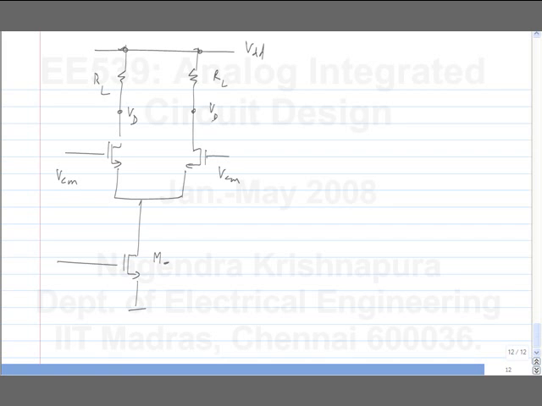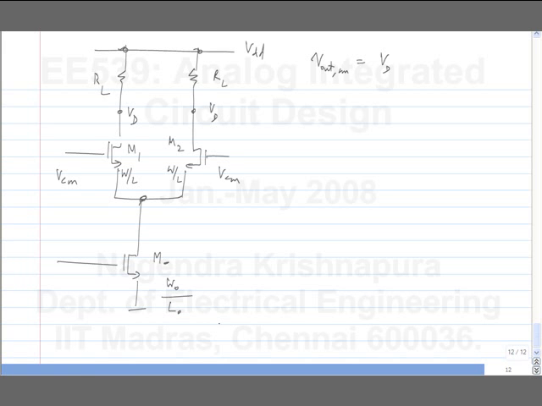And what is the output common mode voltage in terms of VD? It's VD itself, right? It's the average of VD and VD. So I need to calculate VD divided by VCM. I have these two transistors which are identical, W by L, W by L, and this has an aspect ratio W naught by L naught.